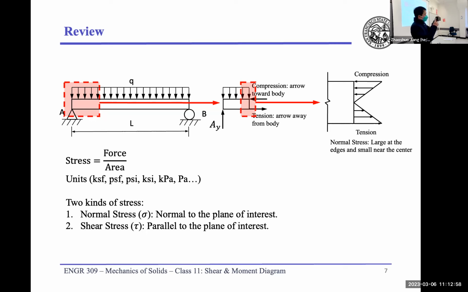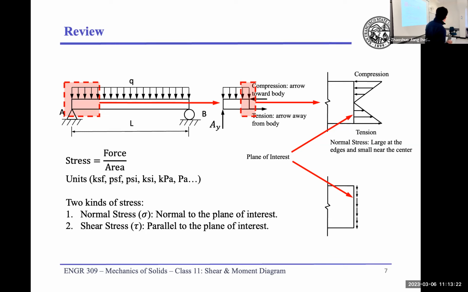If those stresses are parallel to this plane, those are the shear stresses, which we're going to talk about next. It's showing you the plane of interest there, and a shear stress is parallel to the plane of interest. As you can see from this graph, for the normal stress, the maximum is at the edge.